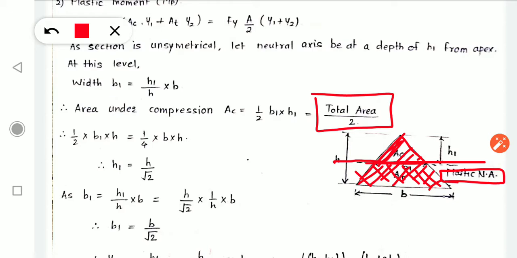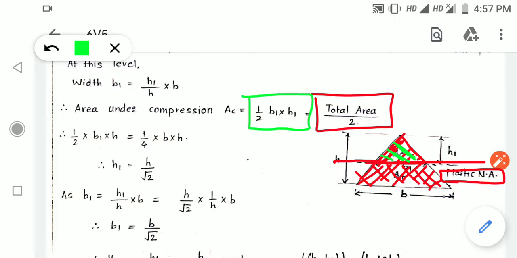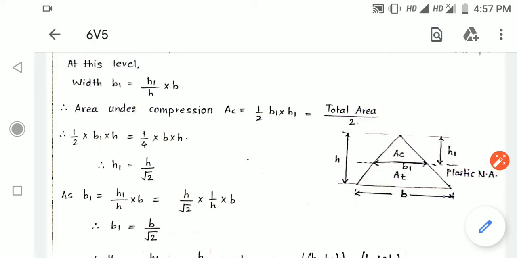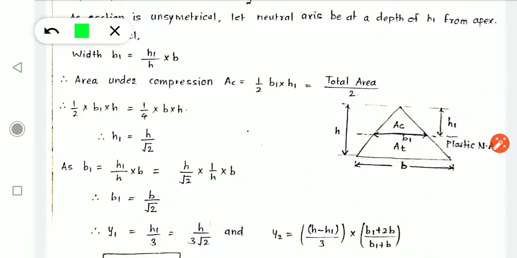That's why this upper area is taken as 1/2 B1 into H1, and I equated it with half of the area of the triangle.